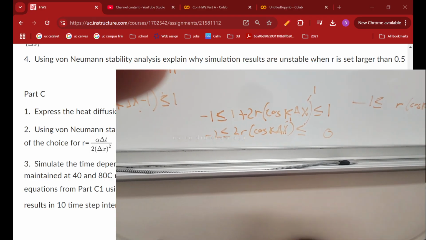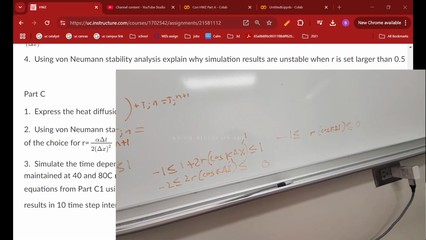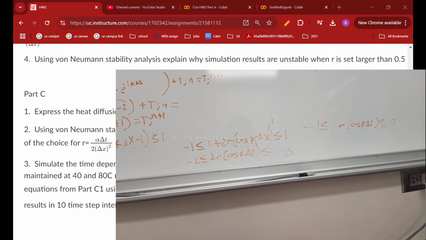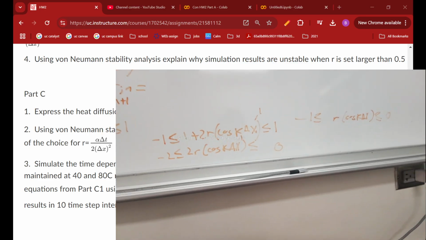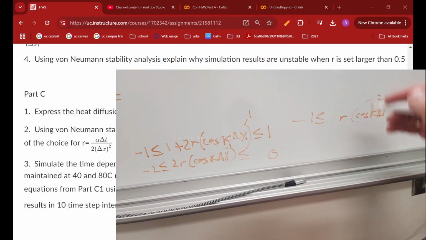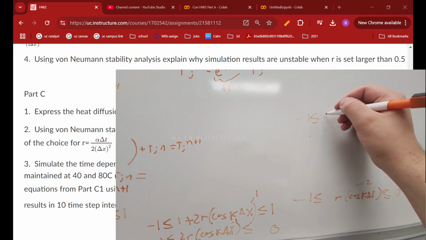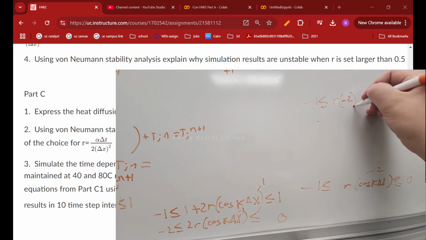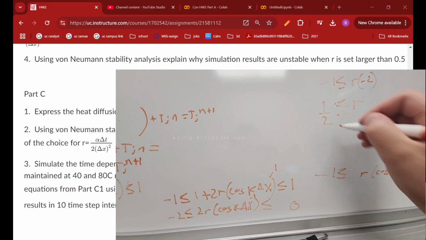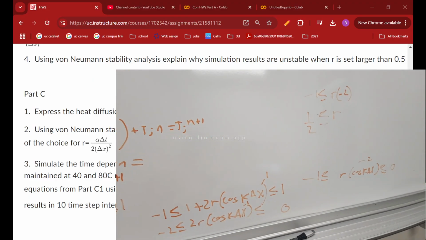Divided by 2, still 0. And then we know that this would be equal to minus 2, so then you'd have minus 1, oops, sorry, r minus 2, which would then get us r has to be less than or equal to 1/2. And then be it.